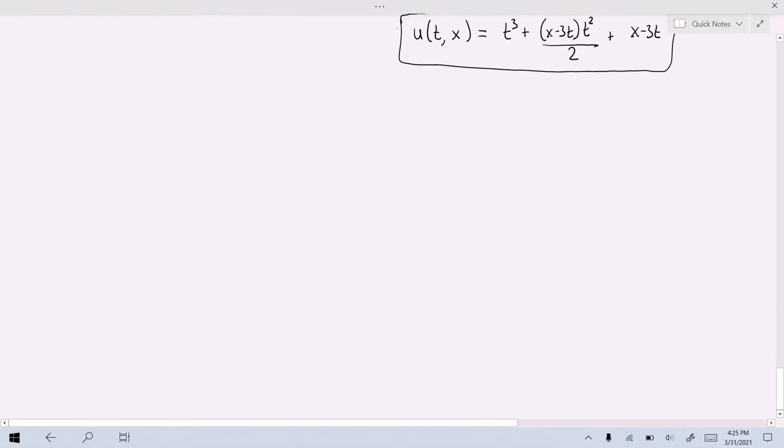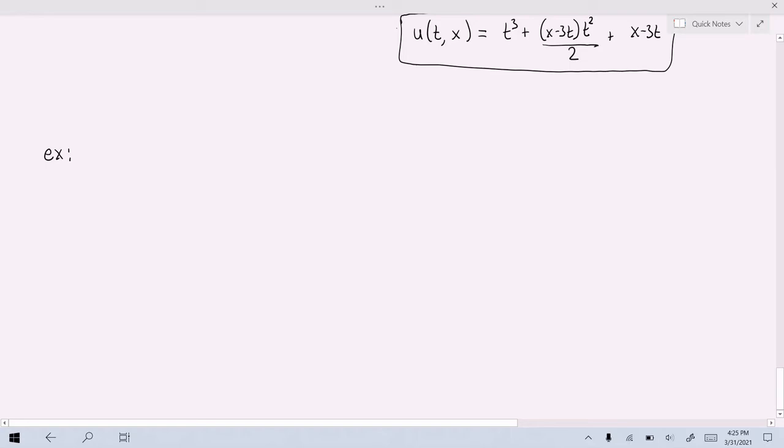Finally, I'm going to do one more complicated example, just to give a sense that what I've been talking about with characteristics, we can generalize to other problems.